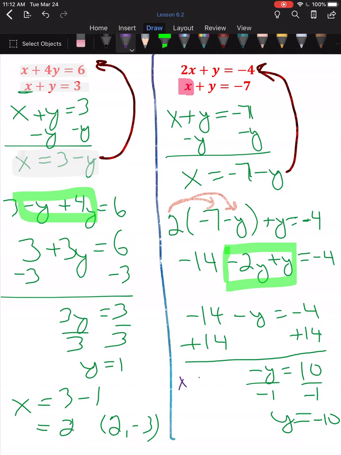I have x equals negative 7 minus y, but y is negative 10. X is equal to negative 7 plus 10, minus a negative means to add. And x is equal to positive 3 when we combine those, which means the ordered pair is 3, negative 10 for the solution.